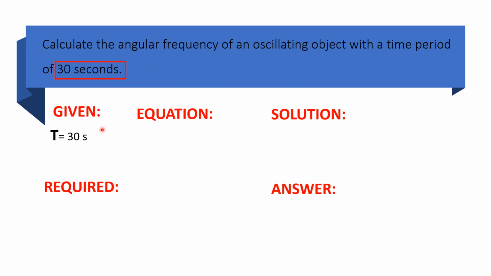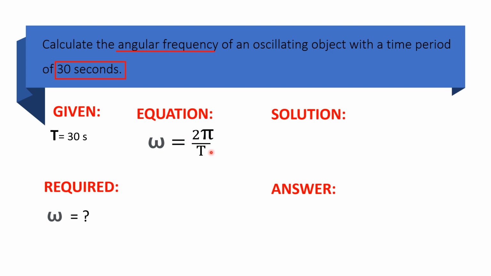So let us put it here. And then the required is the angular frequency. And we know that the symbol for angular frequency is omega. So omega is equal to question mark. And the formula for angular frequency when the period is given, so that is omega is equal to 2 pi over T.